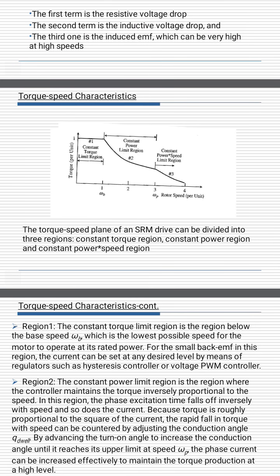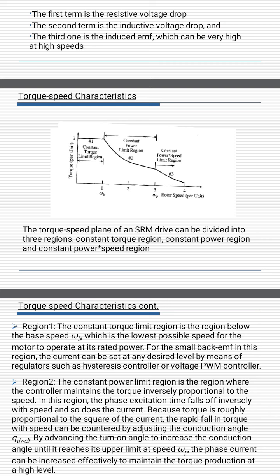Torque speed characteristics. The graph shows torque speed characteristics, with torque per unit on the y-axis and rotor speed per unit on the x-axis. Here we can see the graph from 0 to ωb, the constant torque limit region, known as W1, and from there to ωp, the constant power limit region, known as W2.